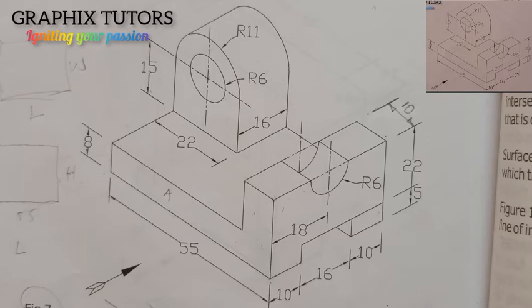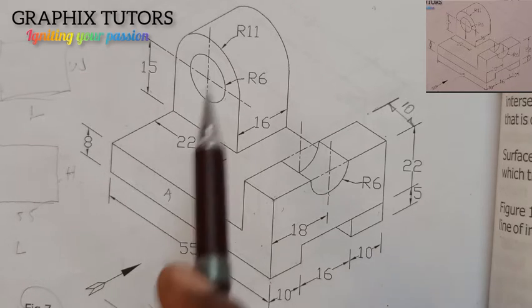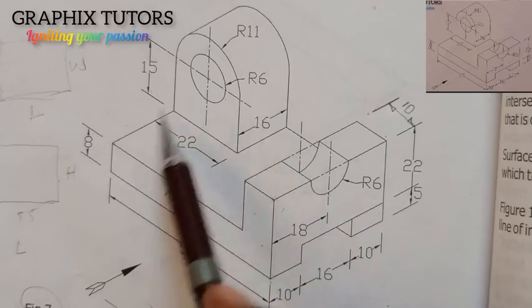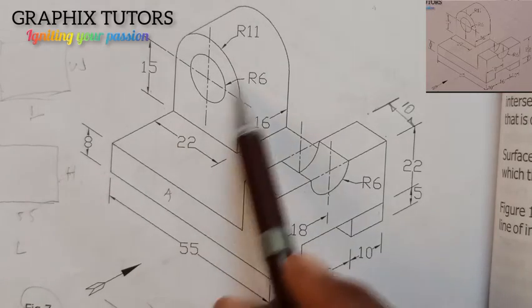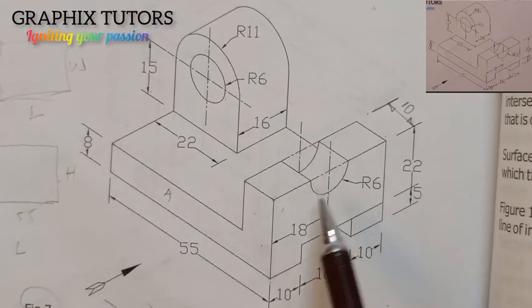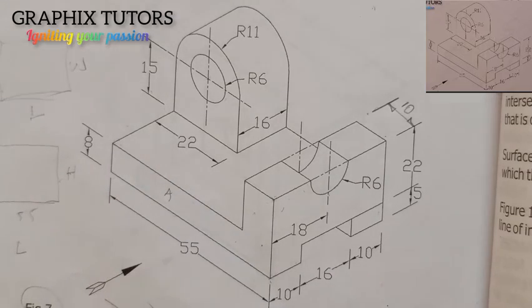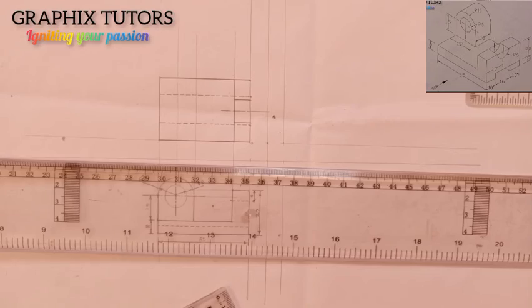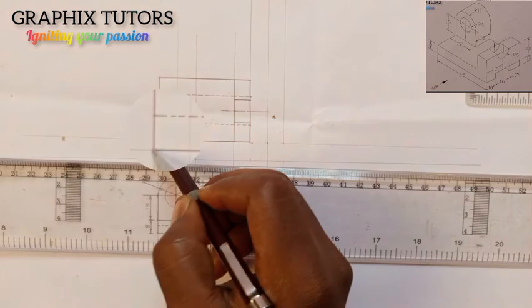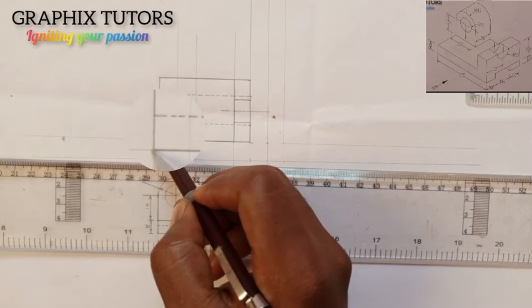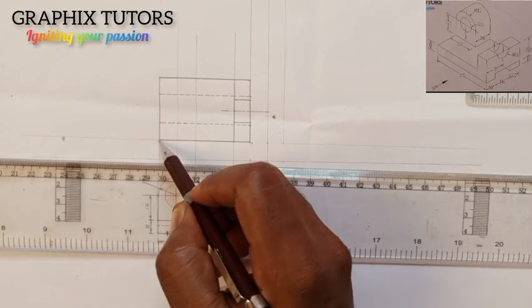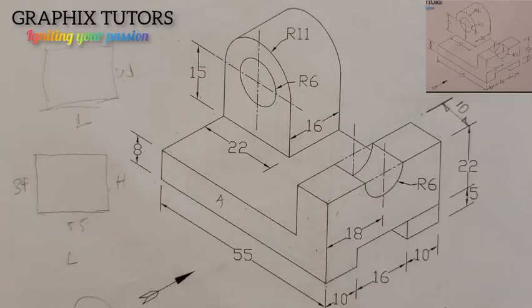So after we've done that, the next thing that's remaining is this here. Look at this, it is at the top of this figure. So here you're seeing this point. Now, the other part here, this part is at the top.